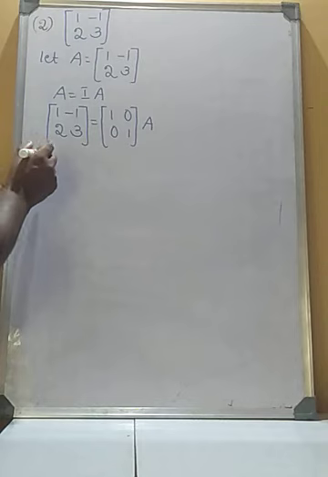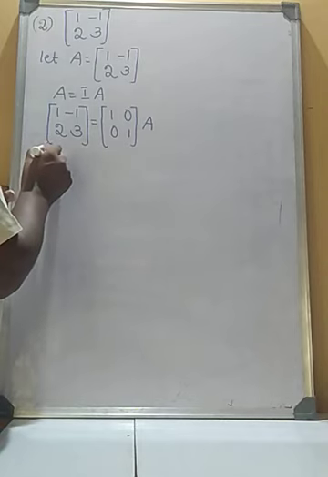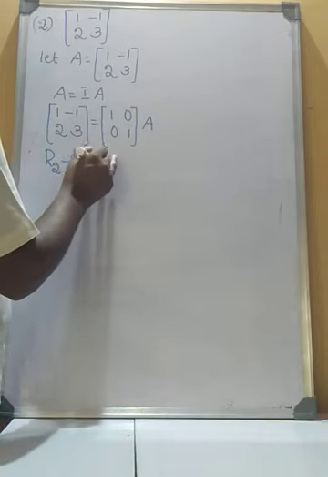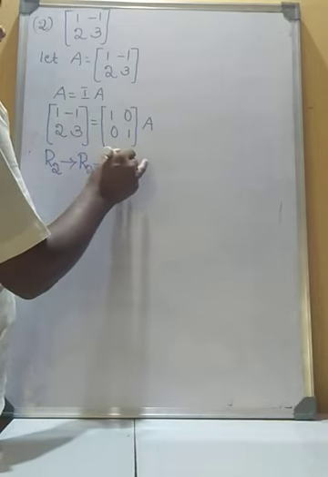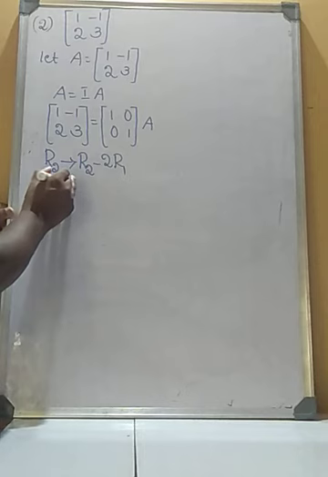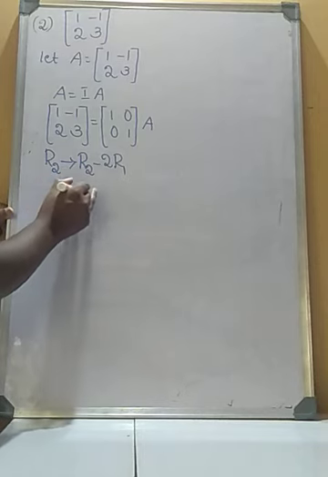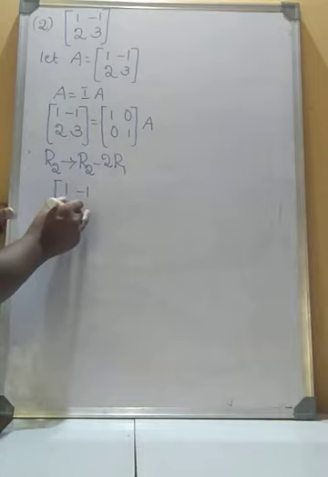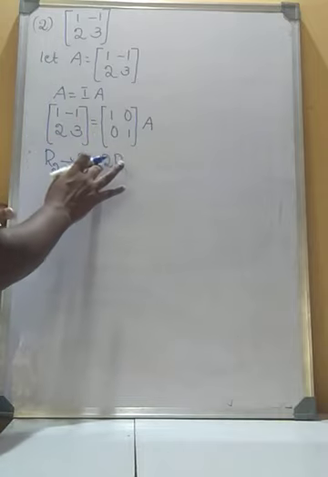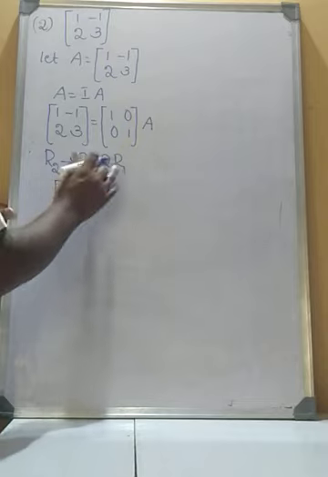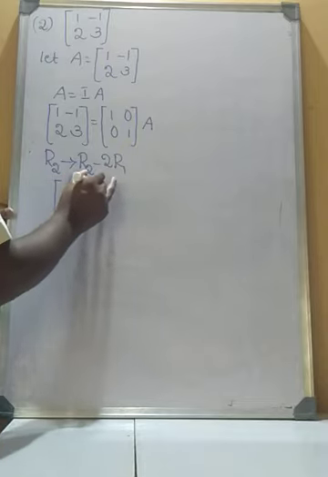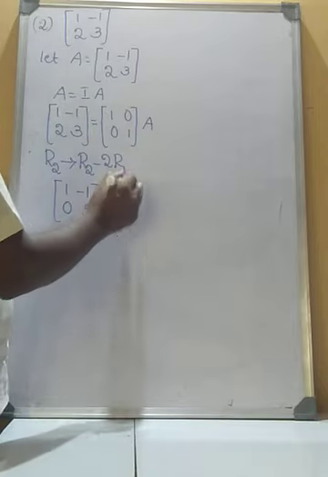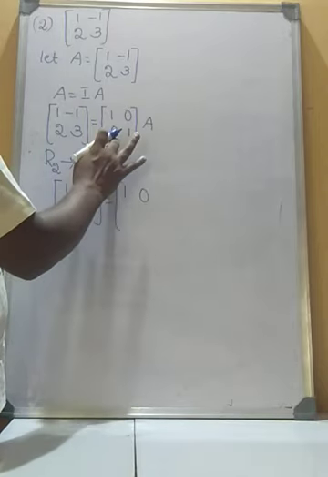On the left hand side, matrix [1, -1; 2, 3] should be brought to the form [1, 0; 0, 1]. By using the operation R2, second row becomes R2 minus 2R1. Therefore, first row elements 1, minus 1; 2 minus 2 gets cancelled, 0; 3 minus 2 into minus 1, plus 2, 3 plus 2, 5, equals the right hand side [1, 0] as it is.